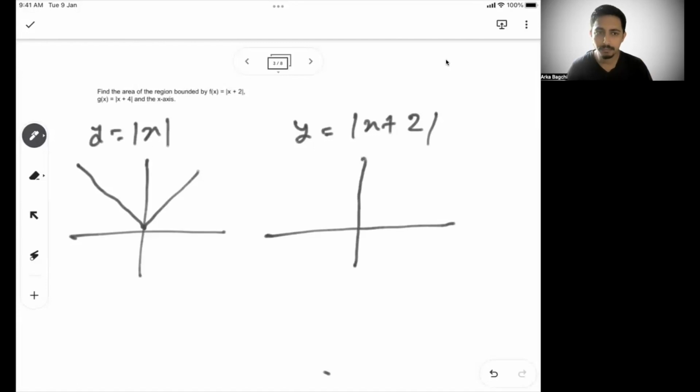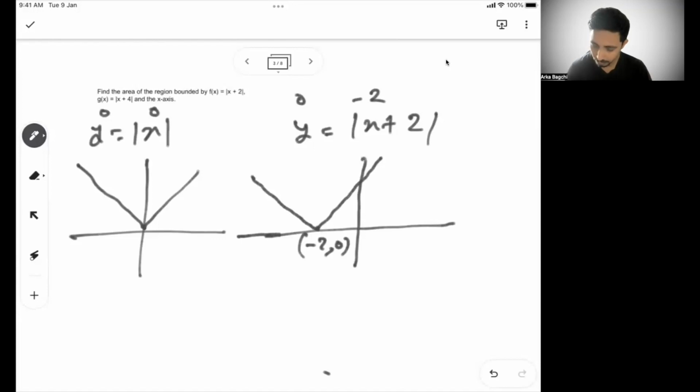Because here when x was 0, y was 0. Here y is 0 only when x is minus 2. So this entire graph will be shifted to the left, right? So this will happen. This is (minus 2, 0). Then what is the next one? g(x) = |x + 4|.